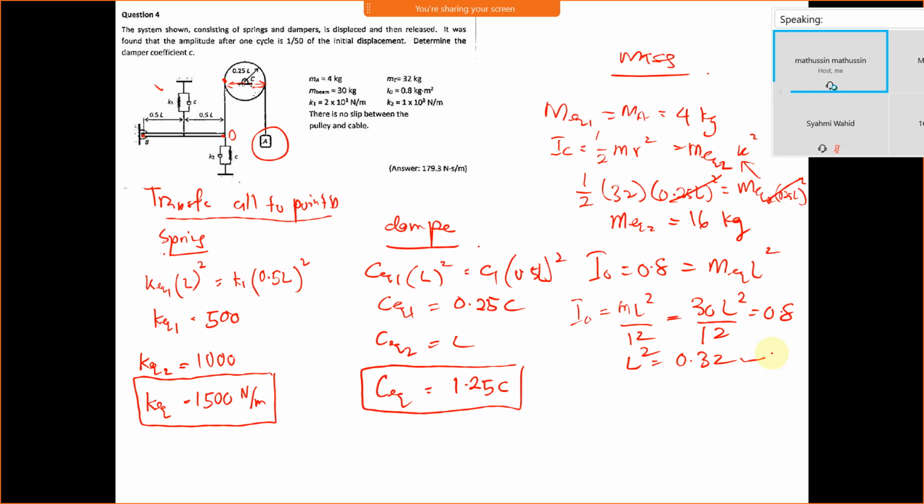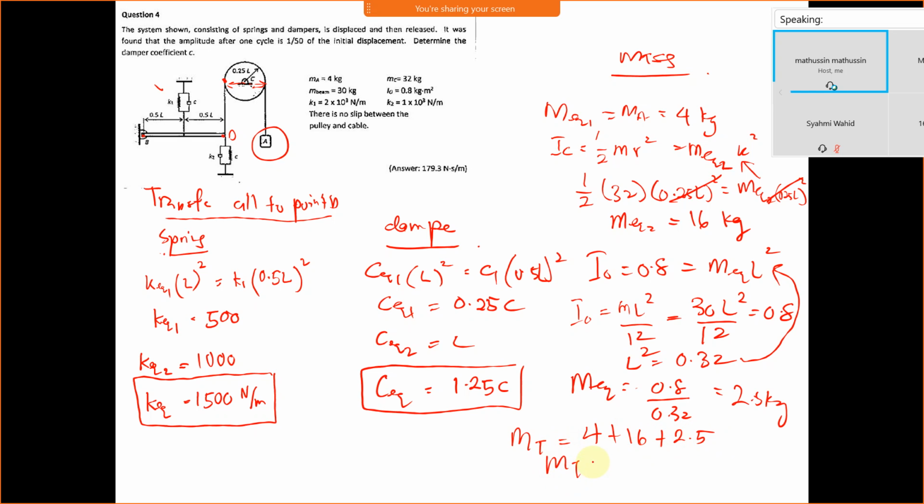So once kita dapat L squared, dan kita masuk dalam equation ni untuk dapatkan M equivalent for beam, which is 0.8 divided by 0.32, which is 2.5 kilogram. So M total should be 4 plus 16 plus 2.5.